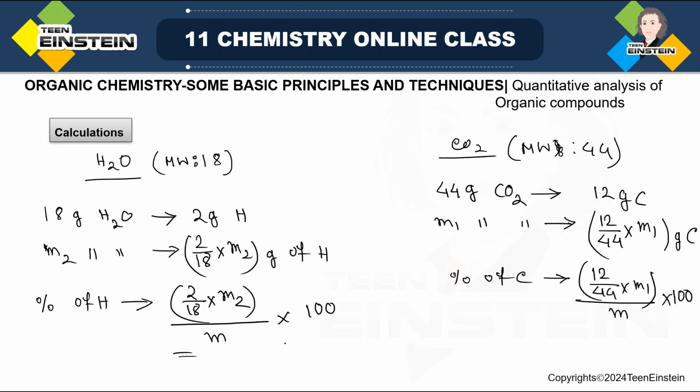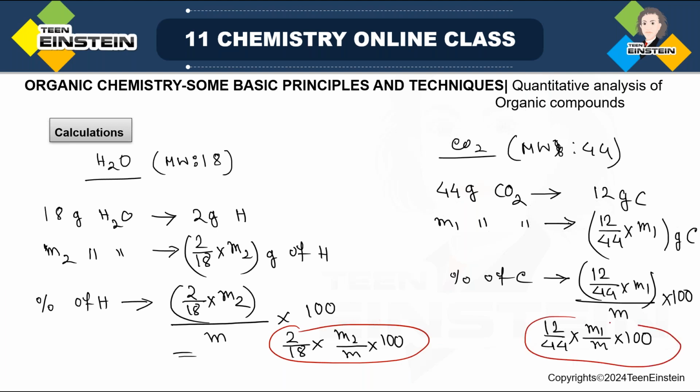From this you can simplify it. It is actually 2 by 18, you can write 1 by 9, times m2 by m times 100. So these two are the final formulas we have reached.